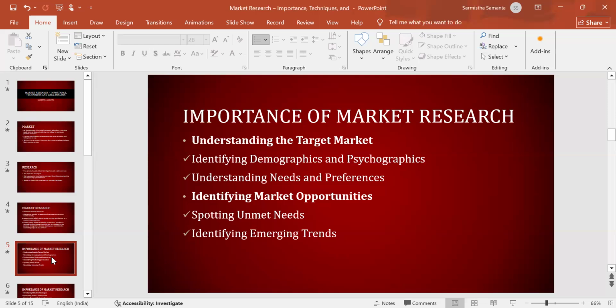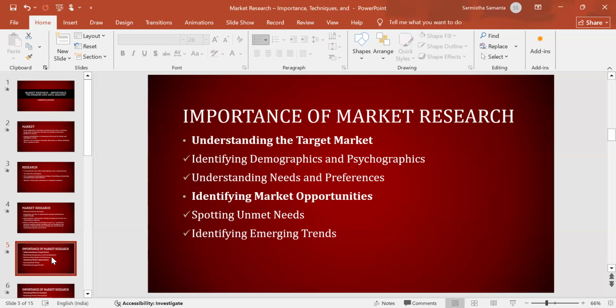Next, we need to understand the needs and preferences of the target consumers: what they actually want to buy, what brand they prefer, what nature of product they prefer, and why they need it. Do they need it on a regular basis, or for a particular occasion? Understanding those needs and preferences is also required.